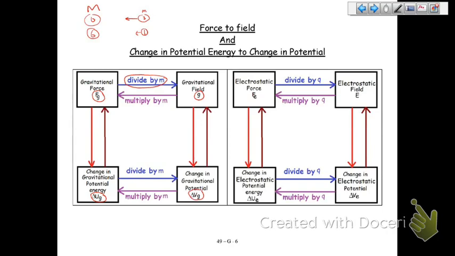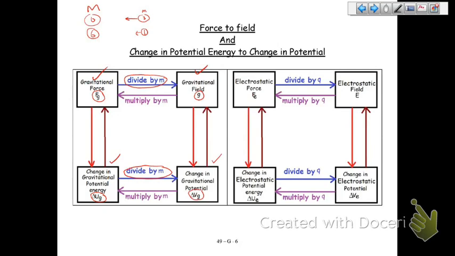Change in gravitational potential energy is the gravitational potential energy of this guy, and the change in gravitational potential is the change in potential energy per unit mass. So divide by mass. If I want to go from forces to fields, I divide by mass. If I want to go from change in potential energy to change in potential, I divide by mass.